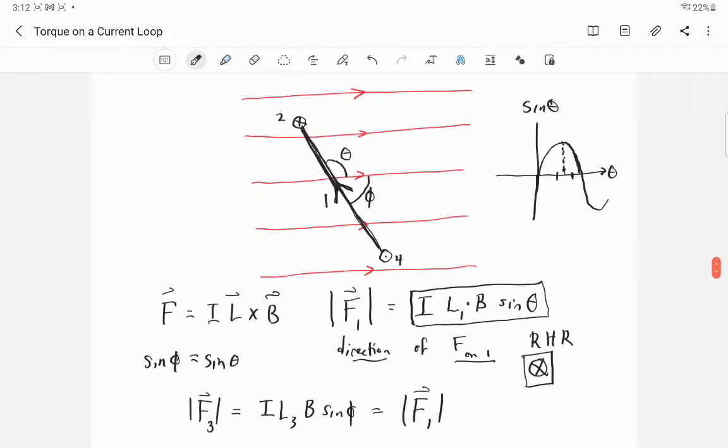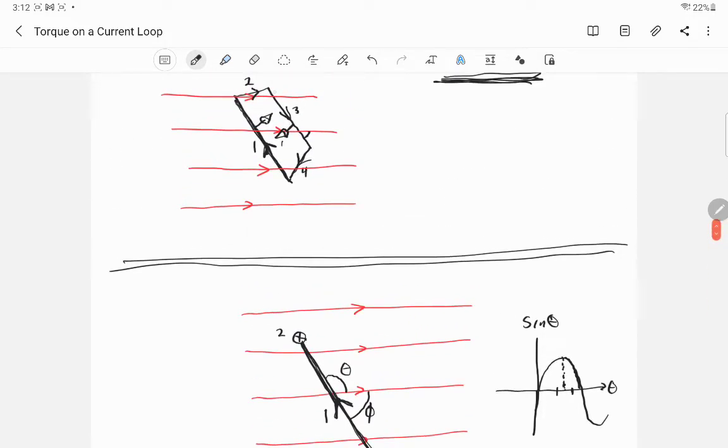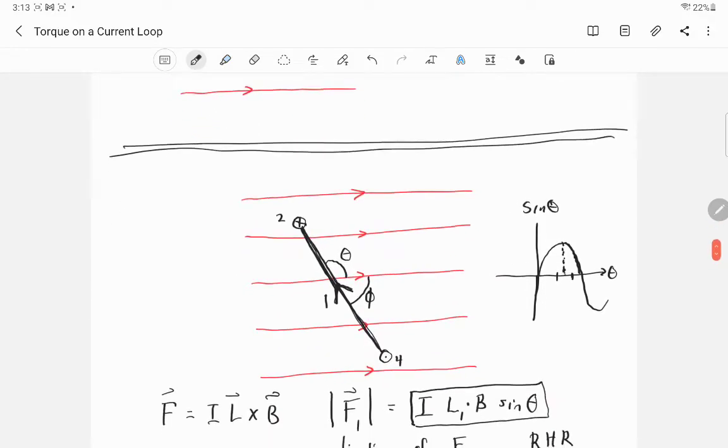So up here, we have a line segment of length L2, but L2 and L4 are the same length, because we have this rectangular loop. And if you use the right-hand rule on the upper current-carrying wire, where the current is into the page, the force on the upper segment is this way.